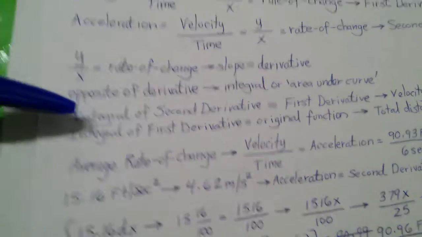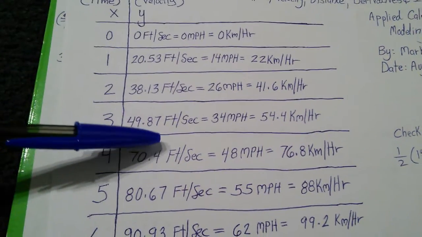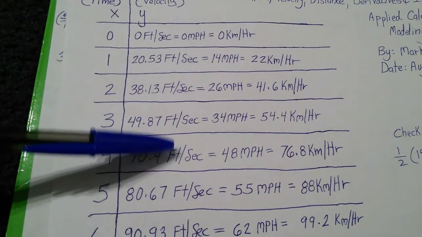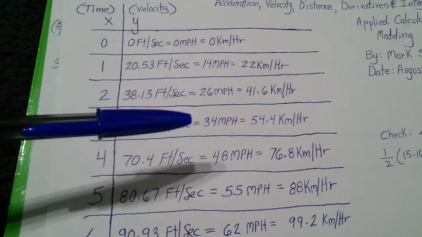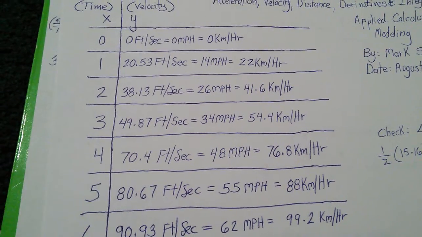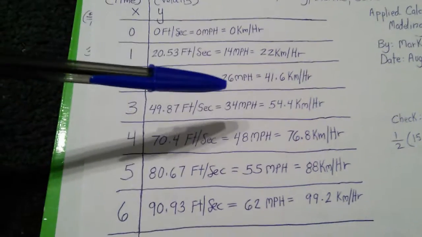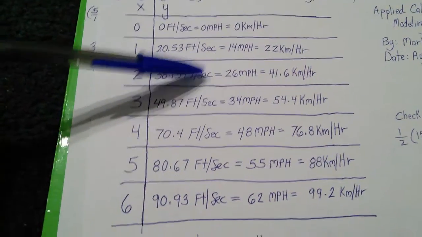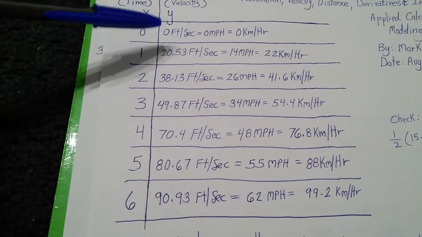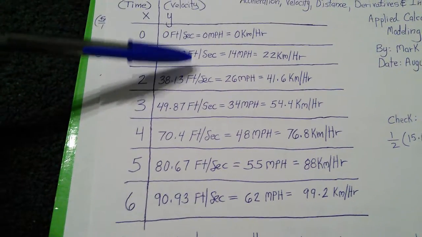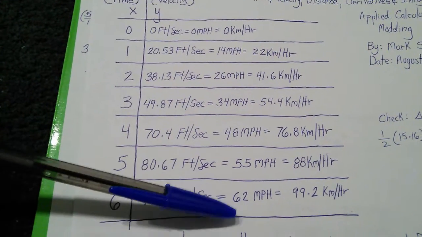So what we have to do to find the original function equation of this acceleration, we have to reverse the second derivative to the first derivative, and then the first derivative to the original function. So the second derivative would obviously be acceleration. The first would be velocity, and then the original function would obviously be distance. So now you have a distance over a time, and every second that distance is obviously increasing, but it's not staying constant.